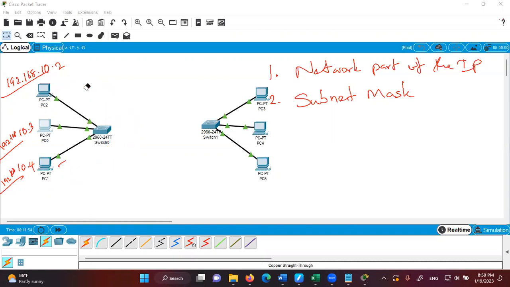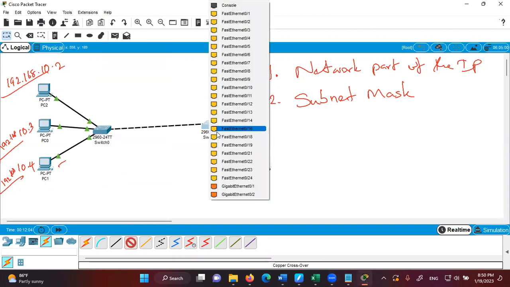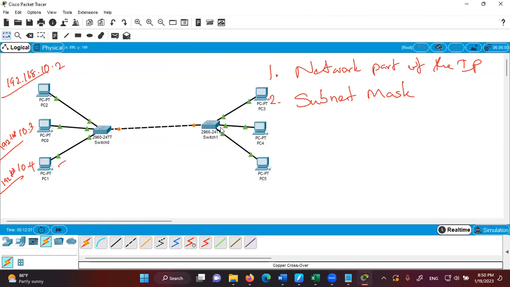Now children, I am going to connect these two switches, right? We have to wait until the links get up.